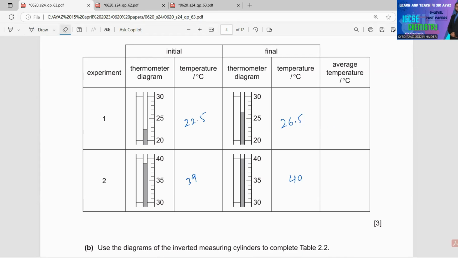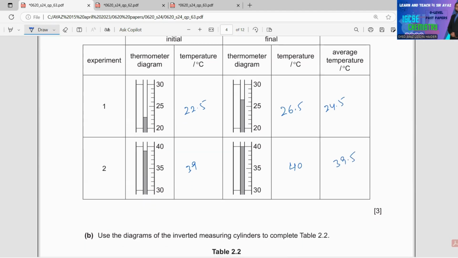You need to take the average temperatures, not the difference. So in experiment 1, we have 22.5 plus 26.5, 49 divided by 2, we'll get 24.5. So for experiment 2, 39 plus 40 divided by 2, we'll get 39.5. This will be the average temperature.